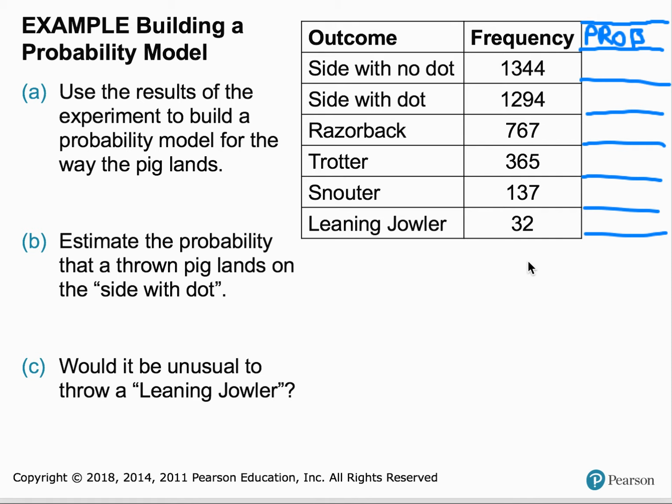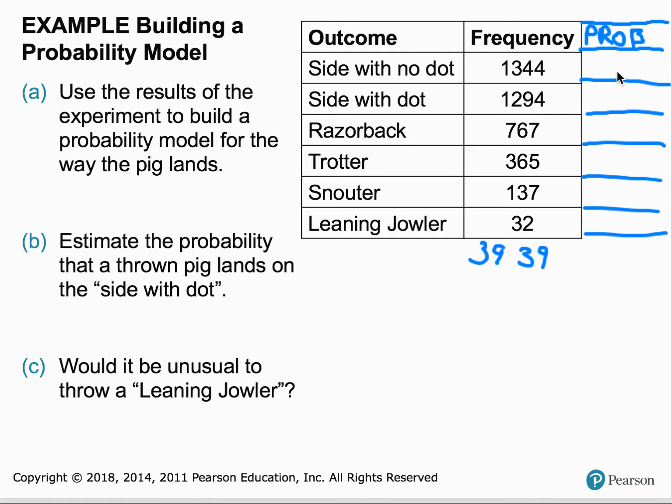1344 plus 1294 plus 767 plus 365 plus 137 plus 32. So this total is 3,939.